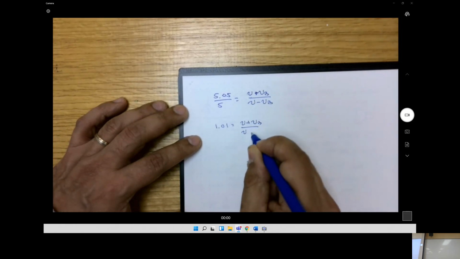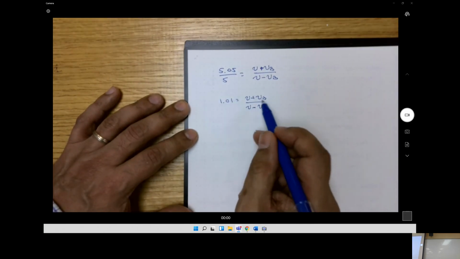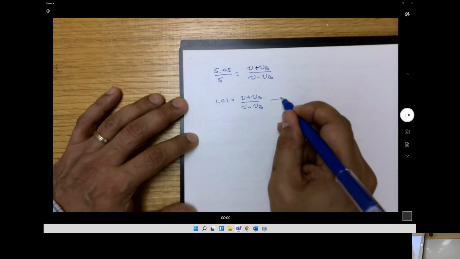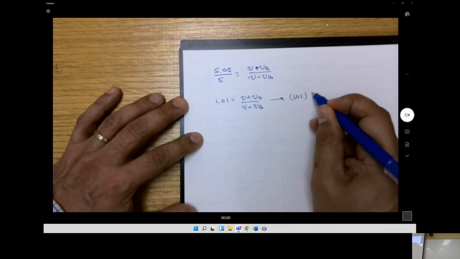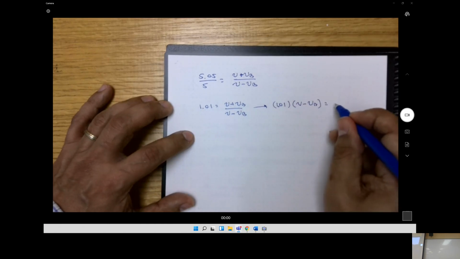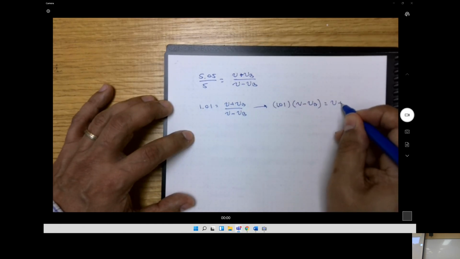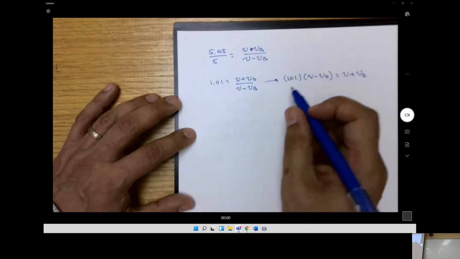This is plus, and this is going to be minus. I'm going to multiply the denominator on both sides of the equation. That's going to be equal to B plus B. And then I'm going to expand this factor.